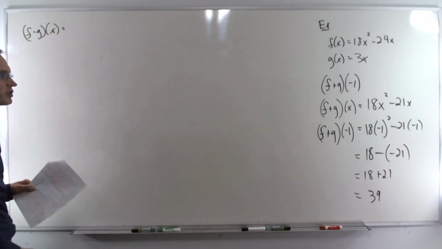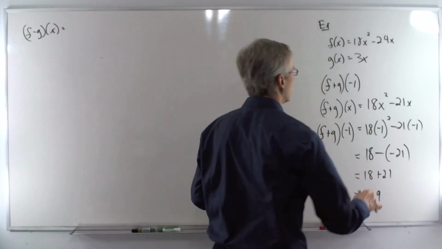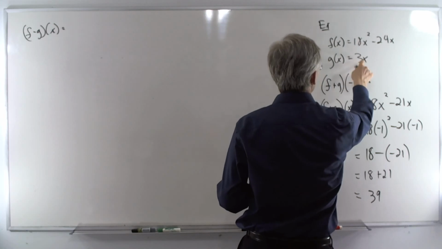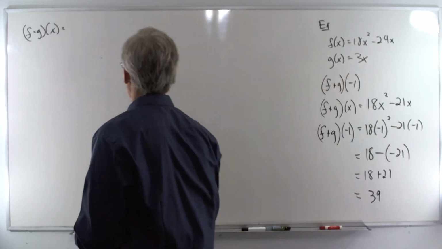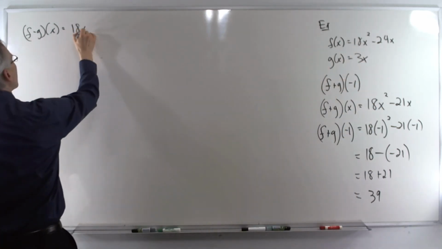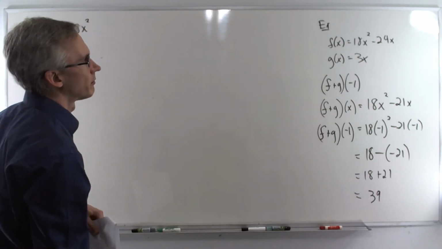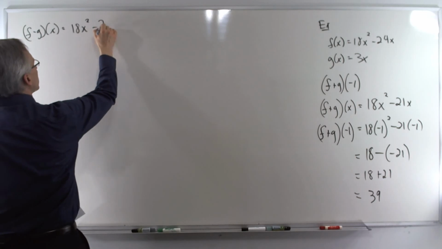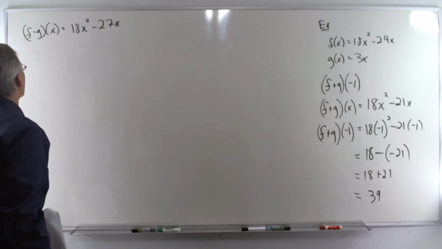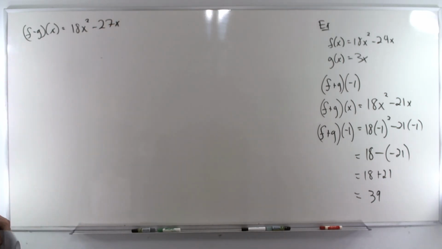All right, f minus g of x. We're starting with f here, and we're going to subtract this one. So 18x squared. Then we do negative 24 minus 3x, so it's negative 27x. All right, so there's our combined function f minus g.